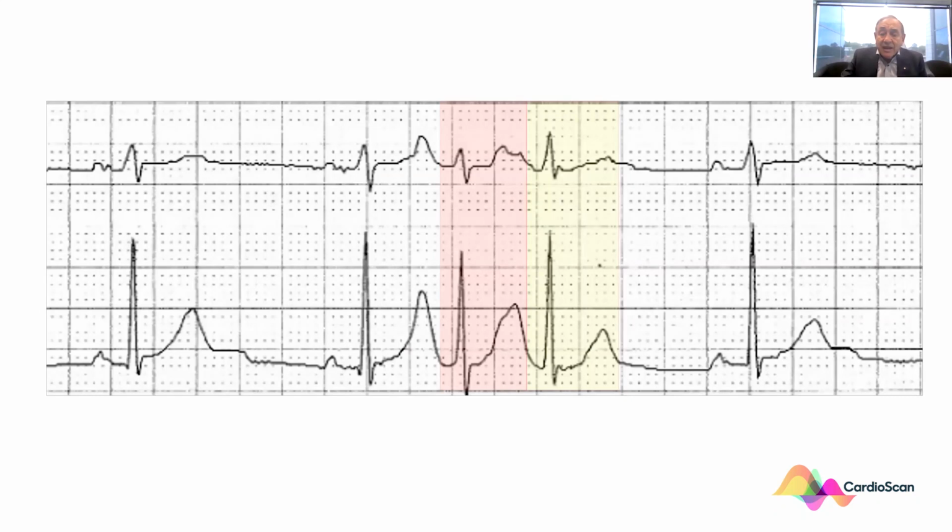Here is another SVE, 2 SVEs here. It looks like it, but when one looks more carefully, you can see that the yellow highlighted SVE is actually a sinus beat with a P wave, and that the red embedded is actually an interpolated atrial ectopic. So this we call interpolated, which means no compensatory pause.